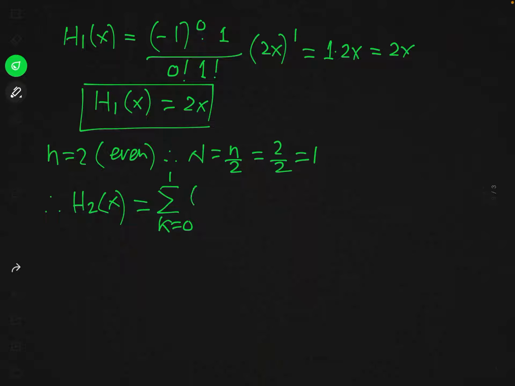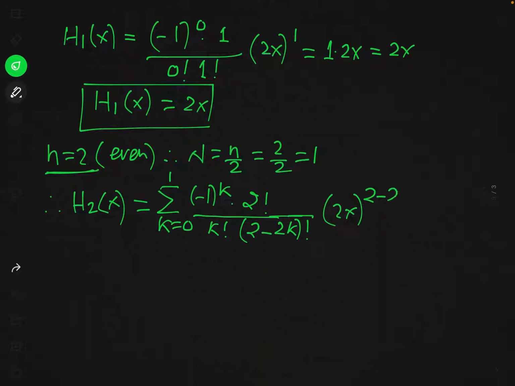And according to the formula, here will be minus 1 raised to the power k times n factorial, but n is 2, so this will be 2 factorial over k factorial times (n minus 2k) factorial, but n is here 2, so this will be (2 minus 2k) factorial, and 2x raised to the power n minus 2k, n is 2, so this is 2 minus 2k.